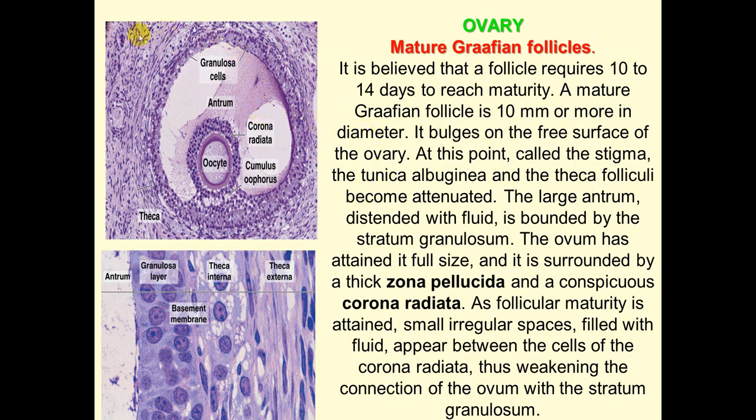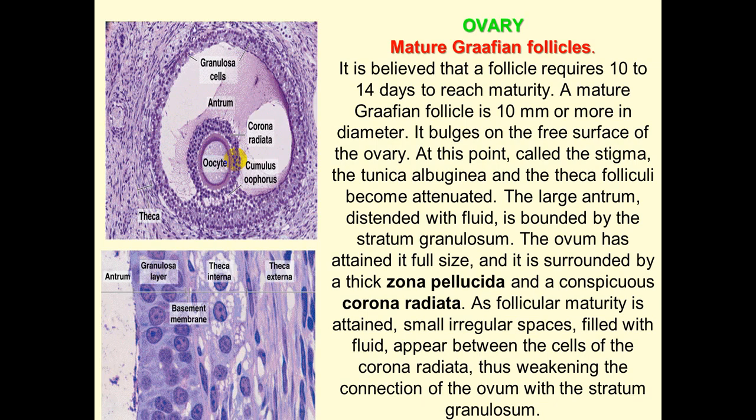So now this upper picture shows you a histologic section, stained by hematoxylin and eosin, of the tertiary follicle. It is the next stage of folliculogenesis. In the human ovary, these follicles need 10 to 14 days to reach maturity.